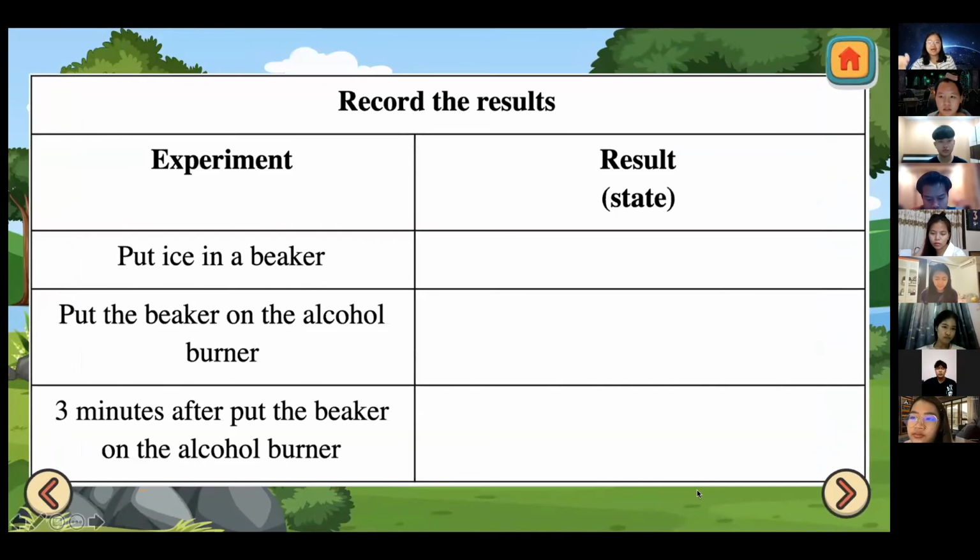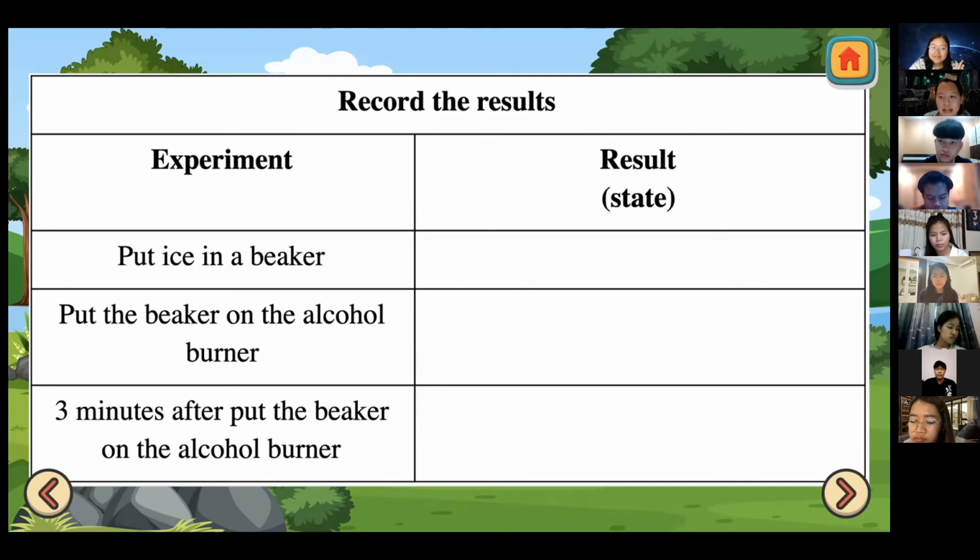Okay, students. I forgot this slide, because this is the paper you will record the results that you saw in the experiment. So I will explain to you the experiment. The first step, when I put ice cubes in the beaker, what did you see? And if you see something, you will take note and record the result on the paper.